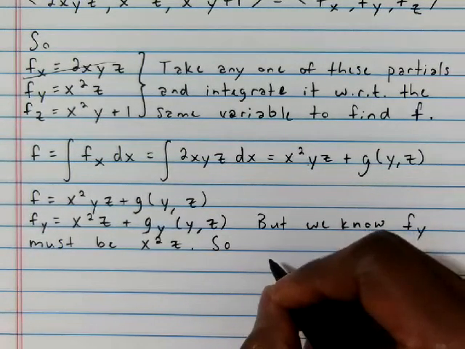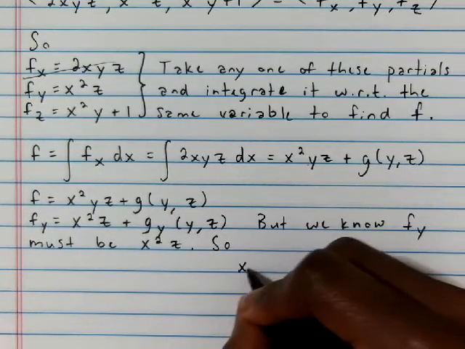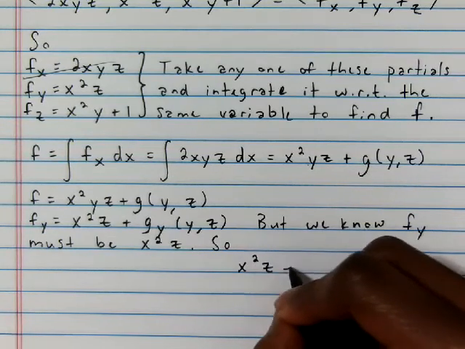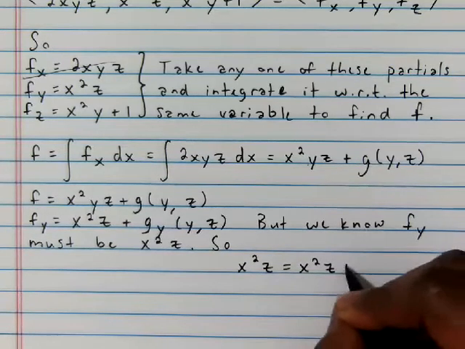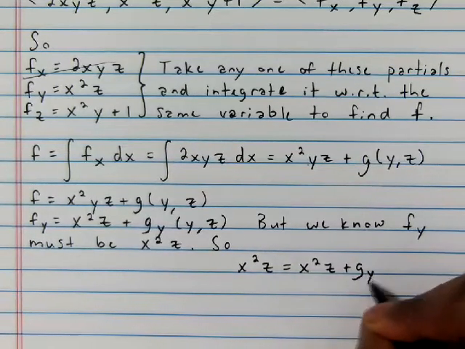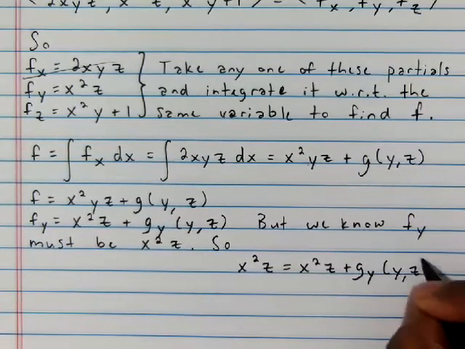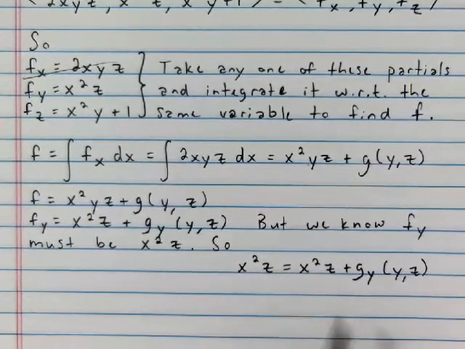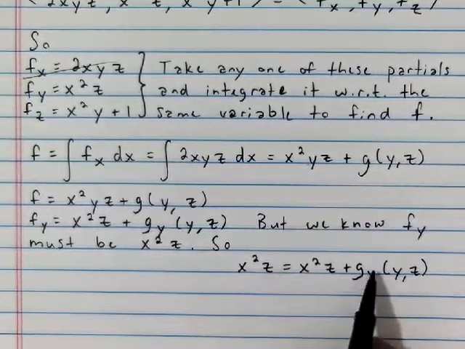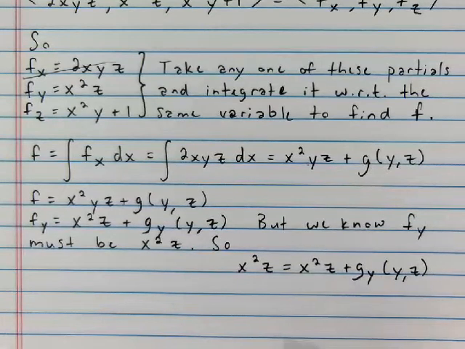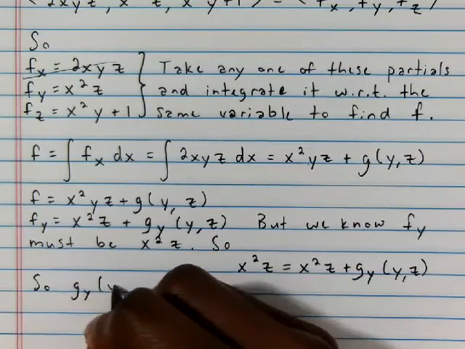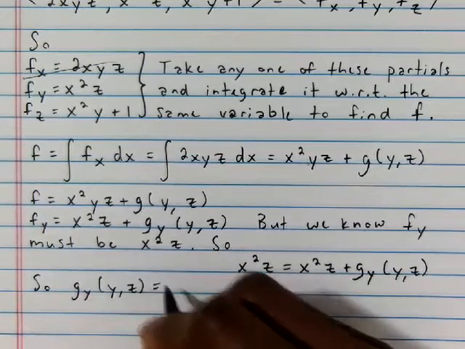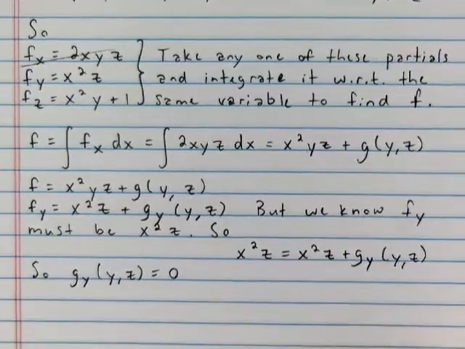So x squared z equals x squared z plus g sub y of yz. So now these cancel and we get g sub y of yz equals 0. So g sub y of yz equals 0.